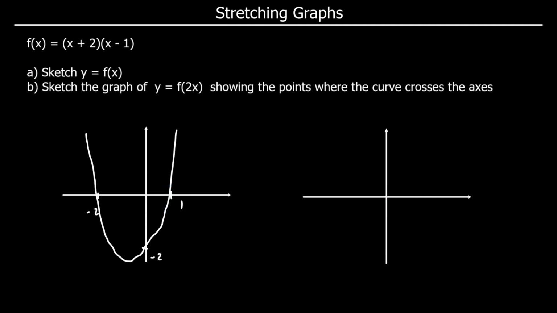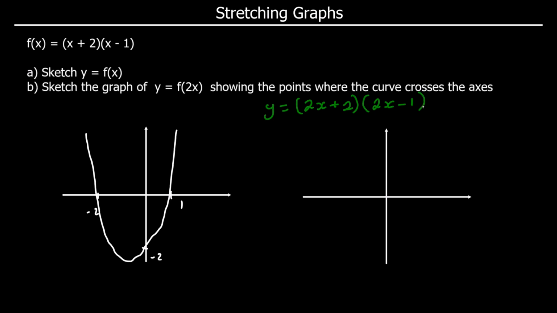So that is our original graph. And we've got f of 2x. So we're changing all of the x's into 2x. So if I wanted the equation of the new one, it would be 2x plus 2 and 2x minus 1.